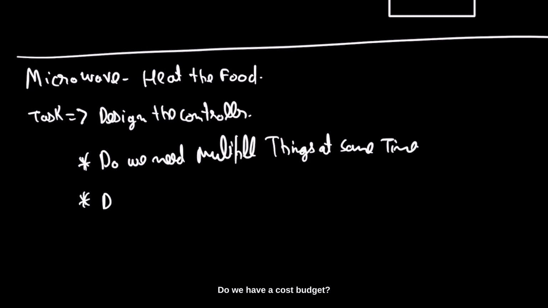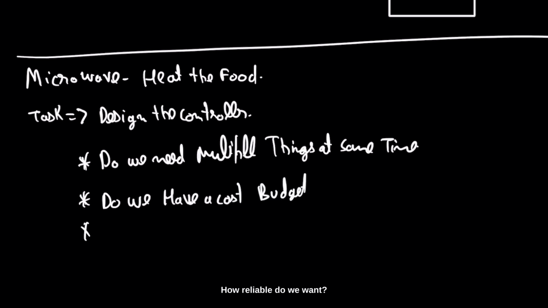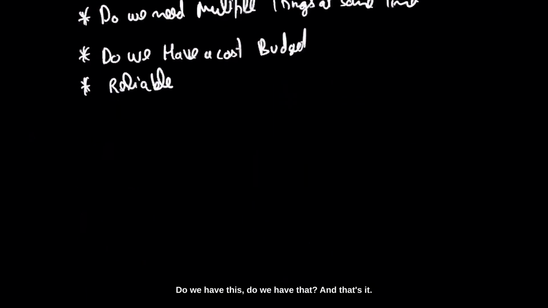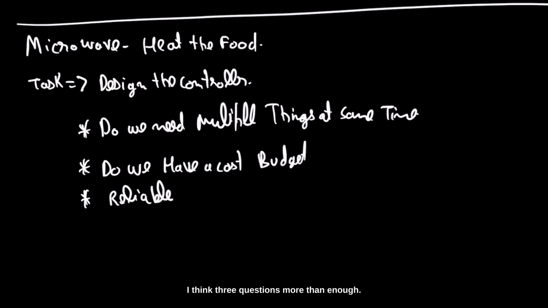Do we have a cost budget? How reliable do we want? Okay, and then we talked about a couple of other things. Do we have this? Do we have that? And that's it. I think three questions are more than enough.